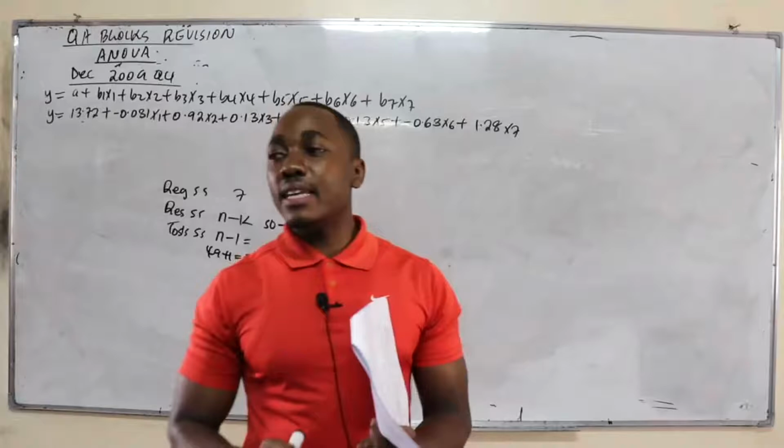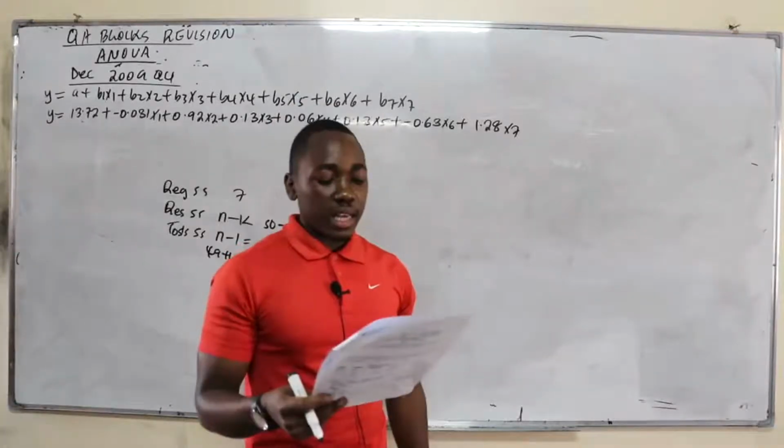Where now you are given the variables: X1 represents the age of employee, X2 monthly salary, X3 experience, X4 education level, X5 male or female, X6 level of responsibility. Are you manager or not manager? Then X7 number of years in the service.